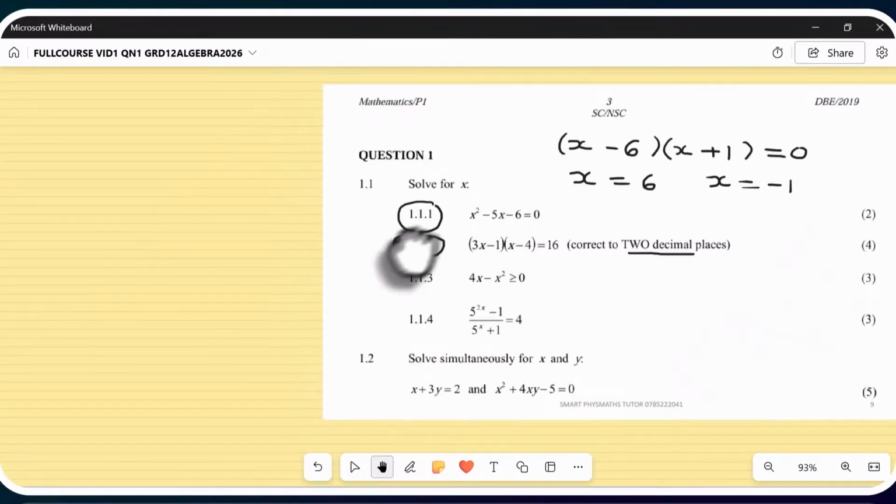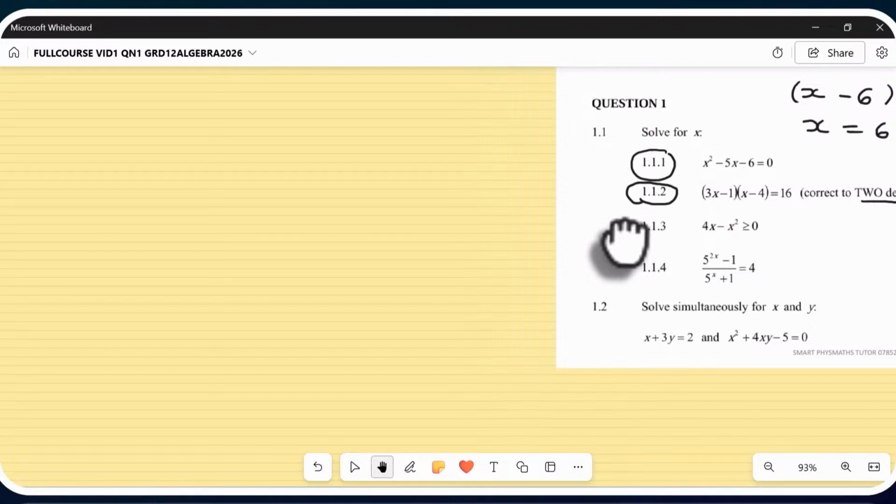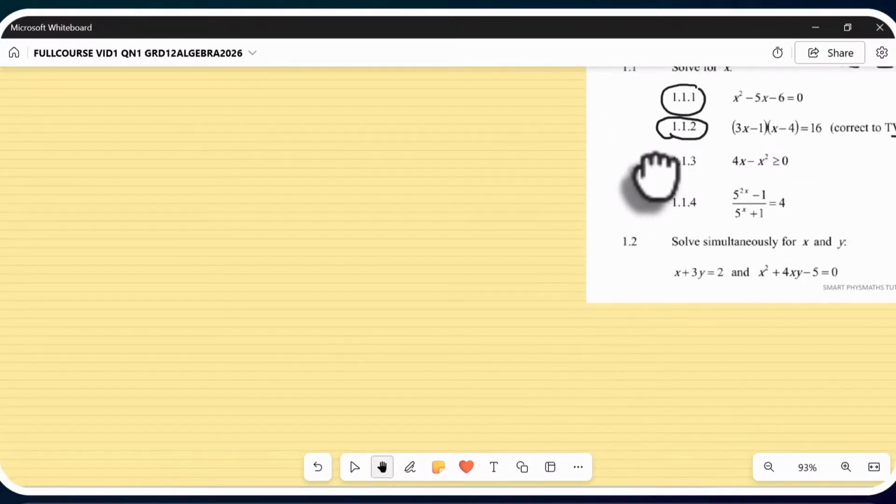So I am going to say this is 3x minus 1 in brackets, then x minus 4 equals 16.